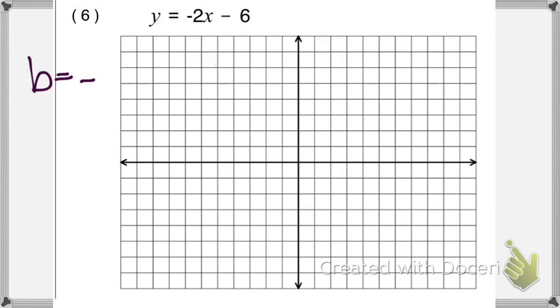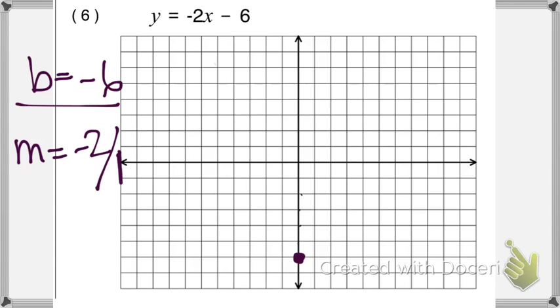And we got b equals negative 6. M is negative 2. We start at negative 6. 1, 2, 3, 4, 5, 6. Then we need a rise and a run, so we're going to put it over 1 to make it a fraction. So we're going to go down 2, right 1. So down 2, right 1.